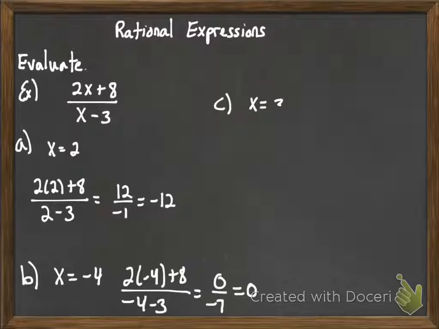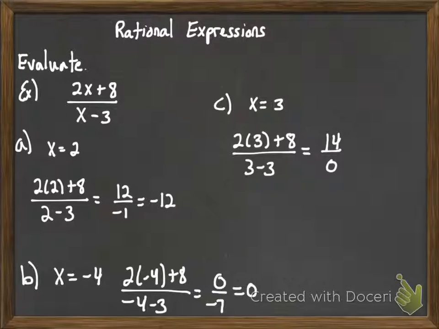Okay, and now we move forward to our third example, where we want to plug x equals 3 into that fractional expression. We get 2 times 3 plus 8 in the top, 3 minus 3 in the bottom. The top simplifies to be 14. The bottom simplifies to be 0, and then we say, okay, we've got to simplify that, but oh no, we've got a problem.